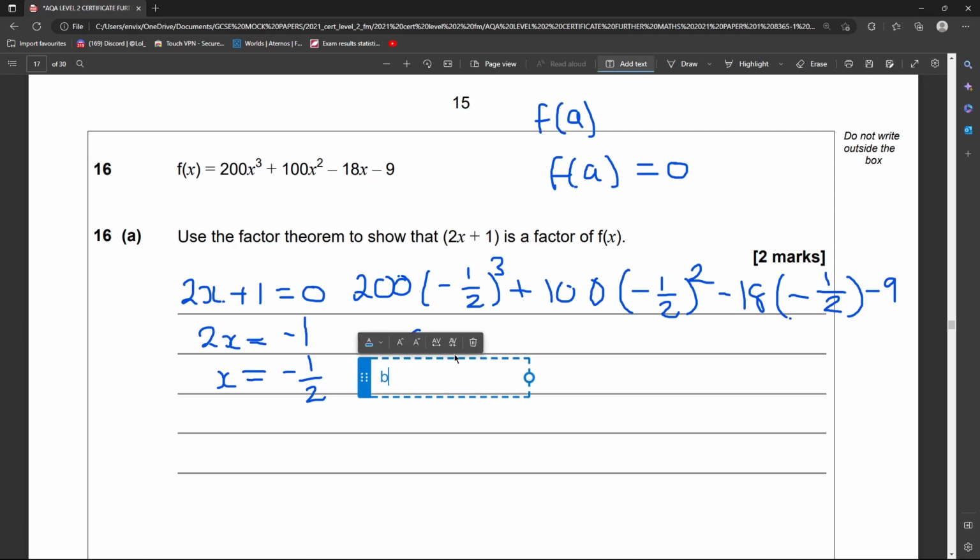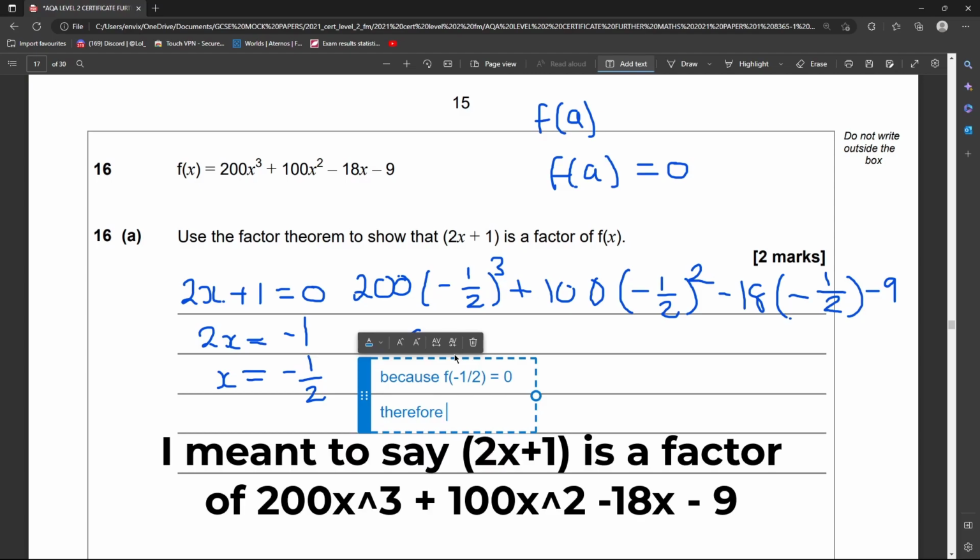So I'll say that because f of -1/2 is equal to 0, therefore 200x cubed plus 100x squared minus 18x minus 9 is a factor of 2x plus 1.